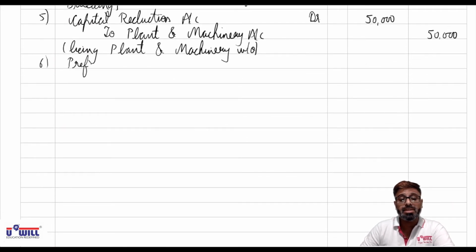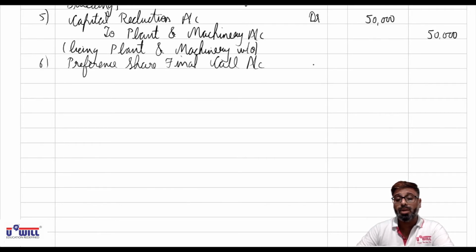First, preference share final call account debit. 4 rupees is called. So preference share final call account debit to 12% preference share capital account.